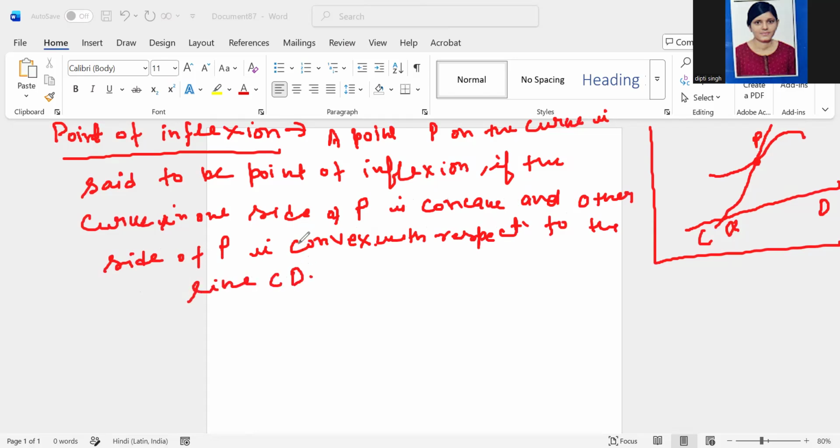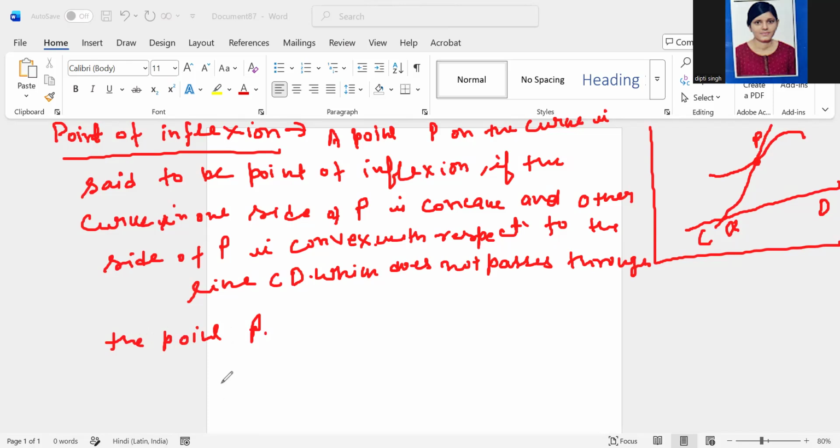With respect to the line CD, which does not pass through the point P. So now, how do we find the coordinates of the point of inflection?